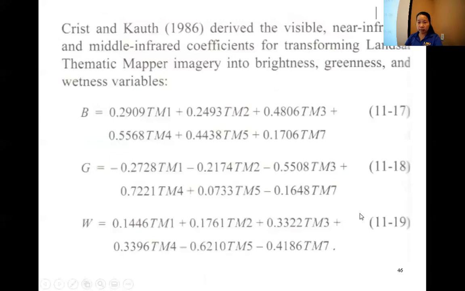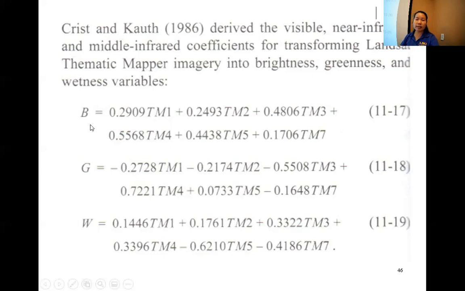And then later, a paper in 1986 modified this and produced a method based on Landsat TM. This is the one that is used more often because Landsat TM data lasted quite a long time, so a lot of people end up using this data more. If you use Landsat TM, this is the one to use.